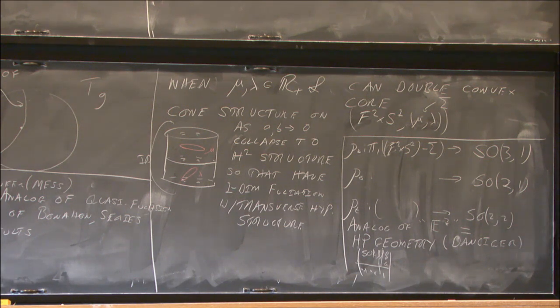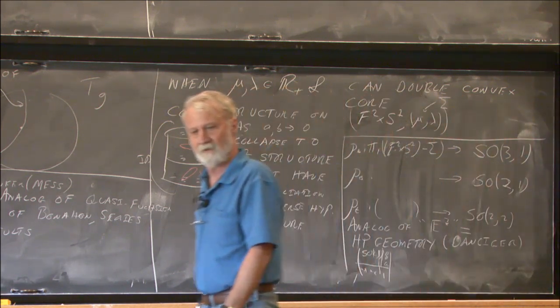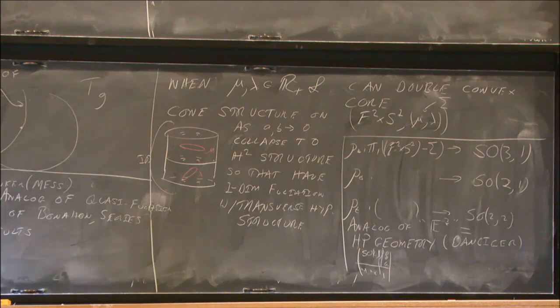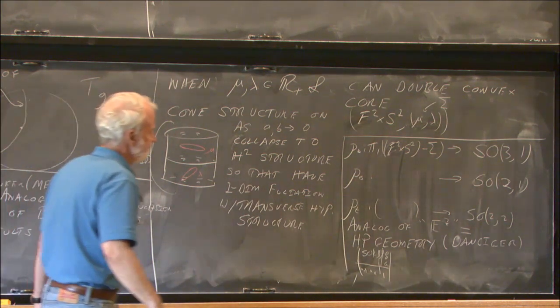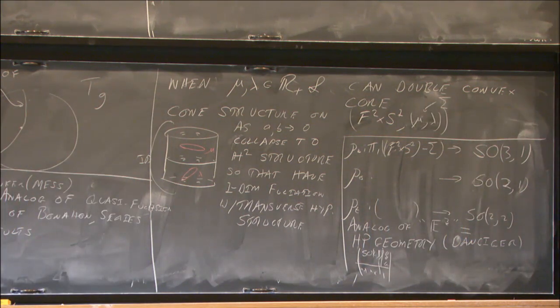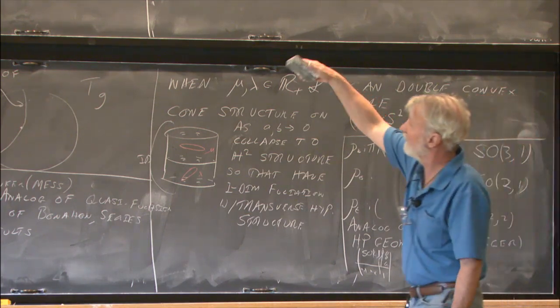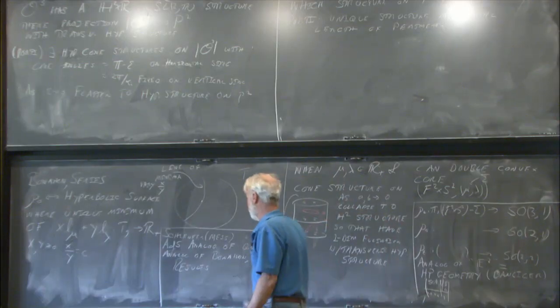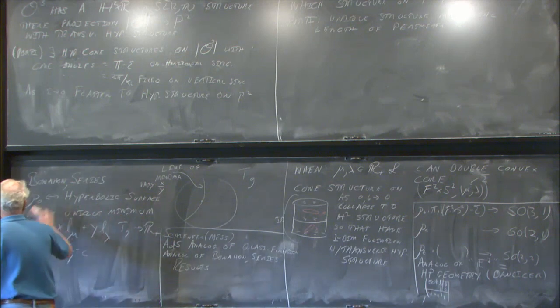That's just a sort of throwaway line in there, but it fits in with Danciger's. And it goes to SO(2,2). Yeah, yeah. But the main thing is, in order to do that, you need to control the collapse here.